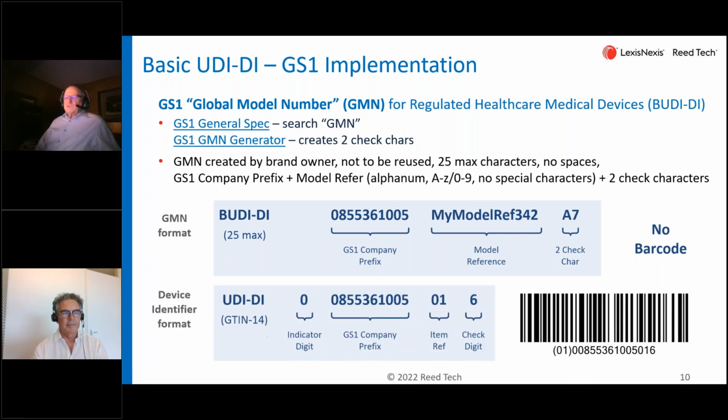Now, if we compare this to the GTIN that most of you are certainly familiar with, a UDI-DI has that indicator digit in the front, so notice the Basic UDI-DI does not have that. And then the company prefix is repeated, and then there's this item reference field, and again, it might be longer or shorter based on the number of item references that you reserved, and then a single check digit.